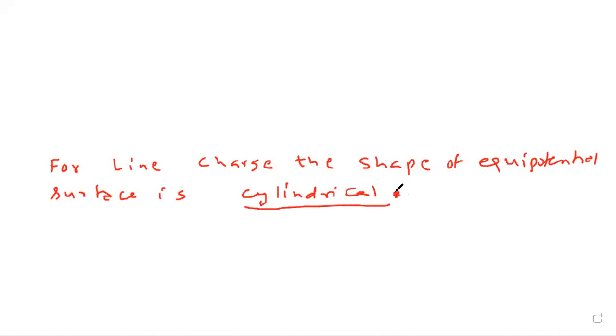Line charge means charge is distributed in a line. That means if this is the axis, here the charge is distributed. So its equipotential surface will become cylindrical. This is called linear charge, and this becomes our equipotential surface.